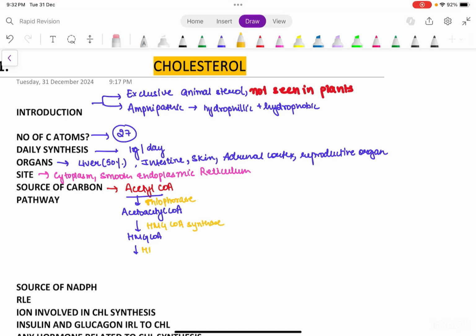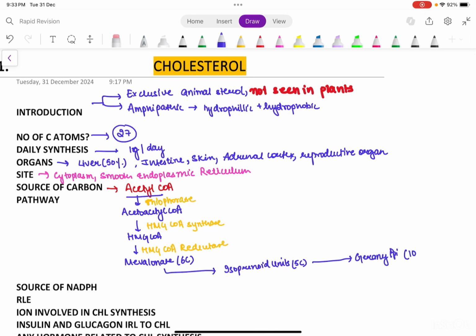Then we have HMG CoA reductase. Now, in HMG CoA reductase, then we will have mevalonate. Now you need to know that mevalonate is 6 carbon. Then we will have isoprenoid units. They are 5 carbon. Then we will get geranyl, which will be 10 carbon.